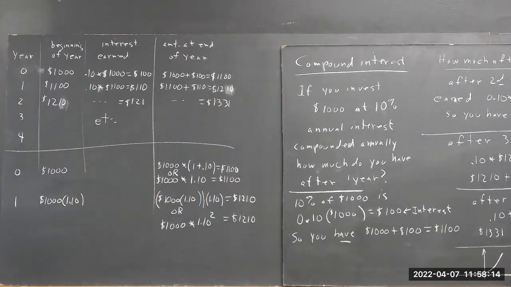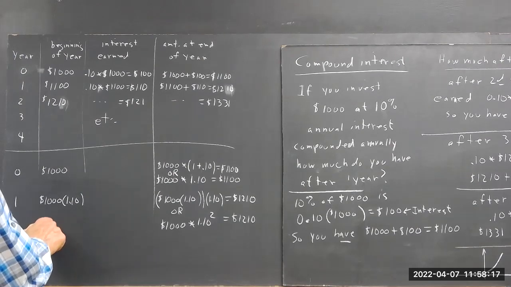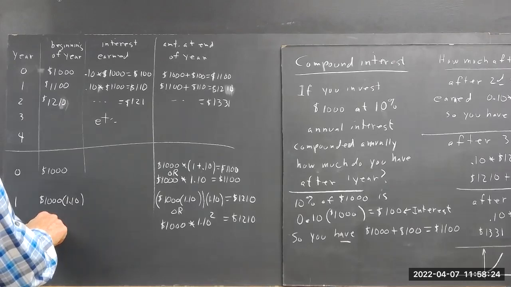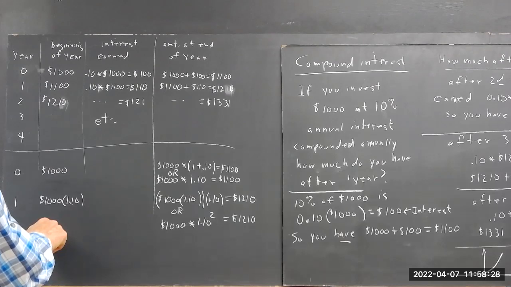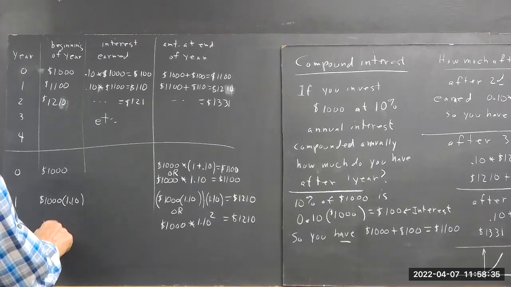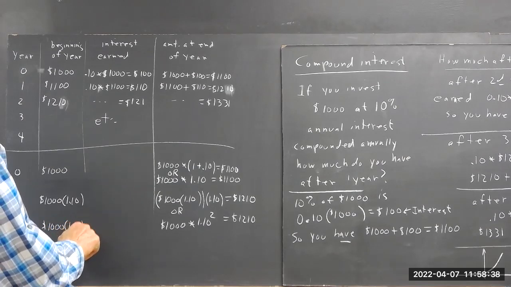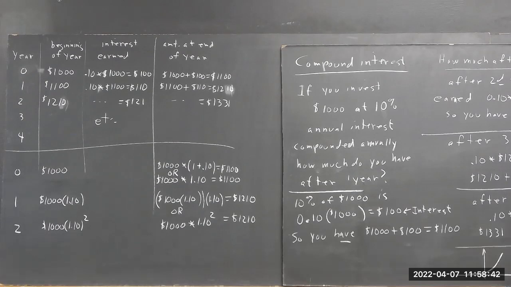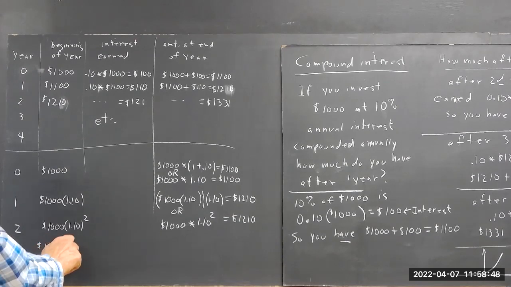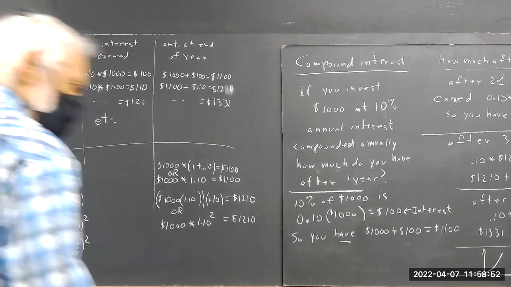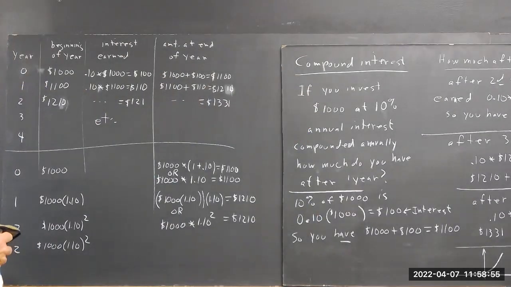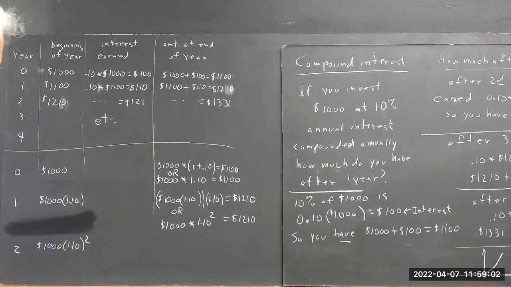There's going to be a pattern that emerges very quickly. So after 2 years, at the beginning of the year, we have $1,000 times 1.10 squared. Okay, so what do we end up with at the end of the year?